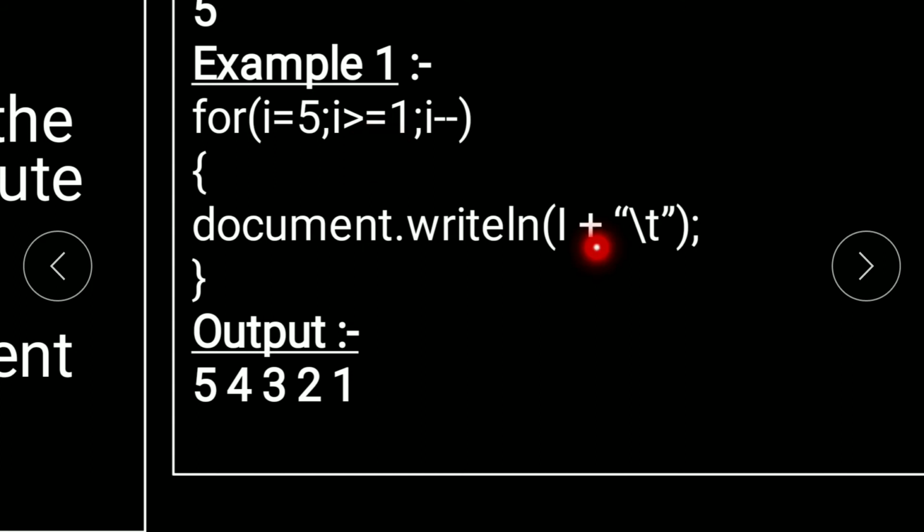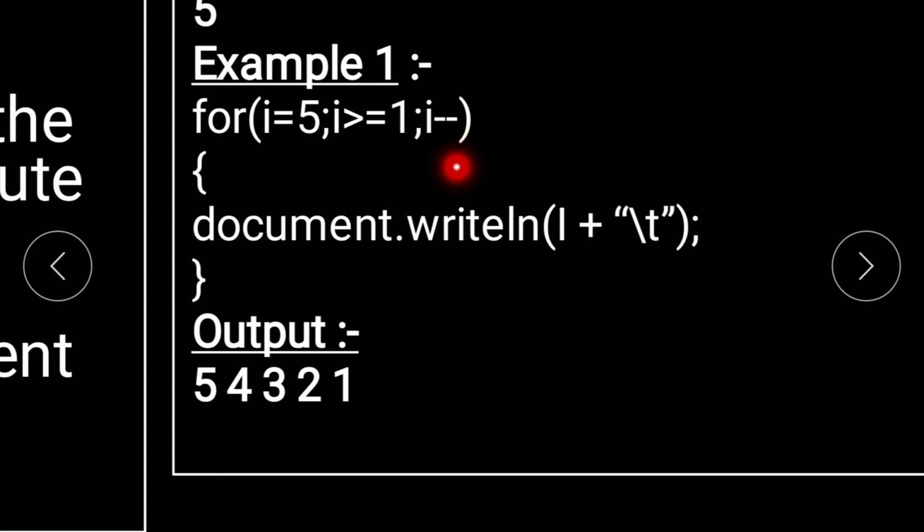Then it prints i value, that is 5. Then control goes to the iteration, that is i minus minus. We already learned about the pre-increment, post-increment in 11th standard, students. So this is the decrement, right? This is the post decrement variable, right?